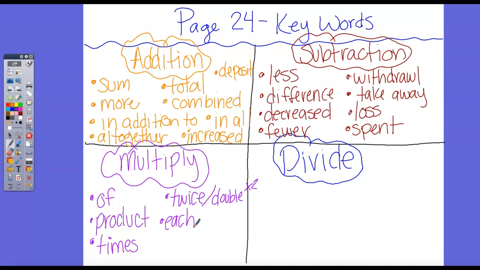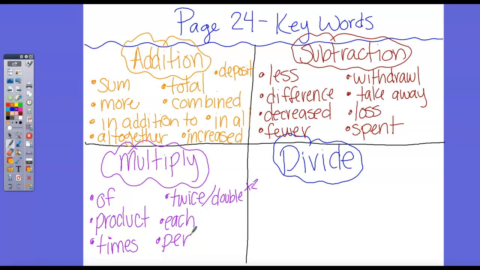One that you have to be careful about is per. So an example of that is like your ticket. There's like $12 per person. So you each have to buy a ticket, right? Per person. It'd be the same as each in that situation. But it can also be used for division because you can go so many miles per hour.